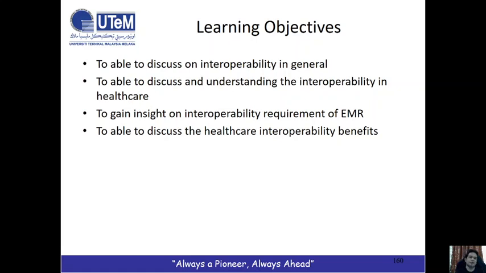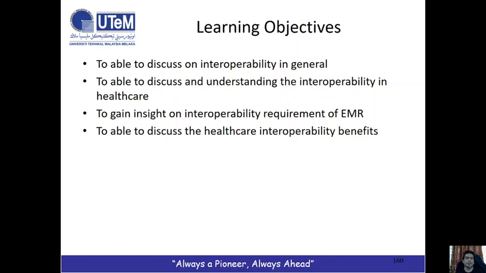At the end of this chapter, we expect that you are able to discuss interoperability in general. So what is interoperability and why is this interoperability very important in general, especially in ICT project implementation. And in this subject, we focus on the healthcare information system.